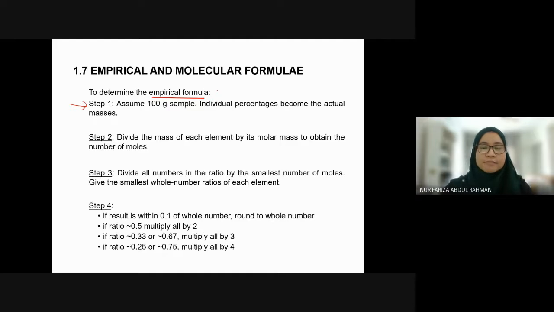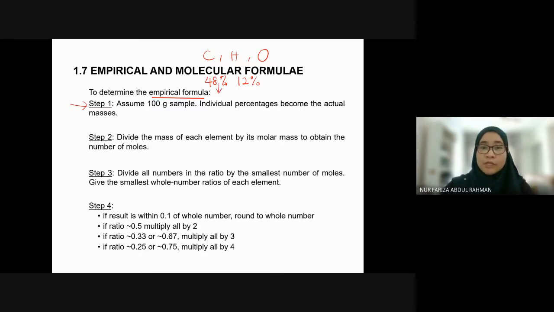Take for example, if we have carbon, hydrogen, and oxygen. Carbon is 48%, hydrogen is 12%. Oxygen will be the remaining, because we are dealing with percentage. What we can do is straight away convert this percentage into gram.